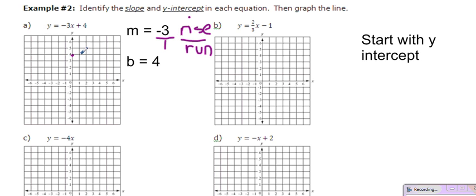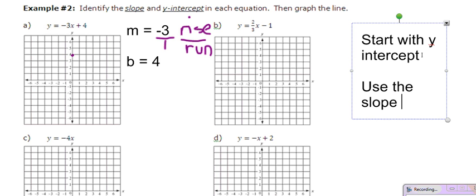So there's my point. Then after you start with the y-intercept, you use the slope for rise over run. So in this case, my rise is -3, my run is +1. Rising -3 actually means you're going down, and running a +1 means you're going to the right, because that's where the numbers get bigger.